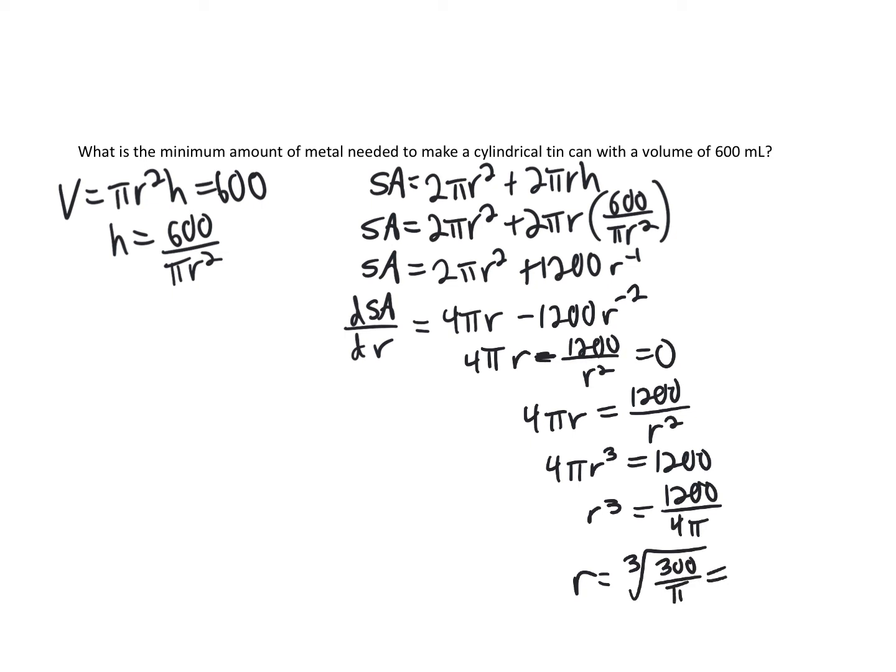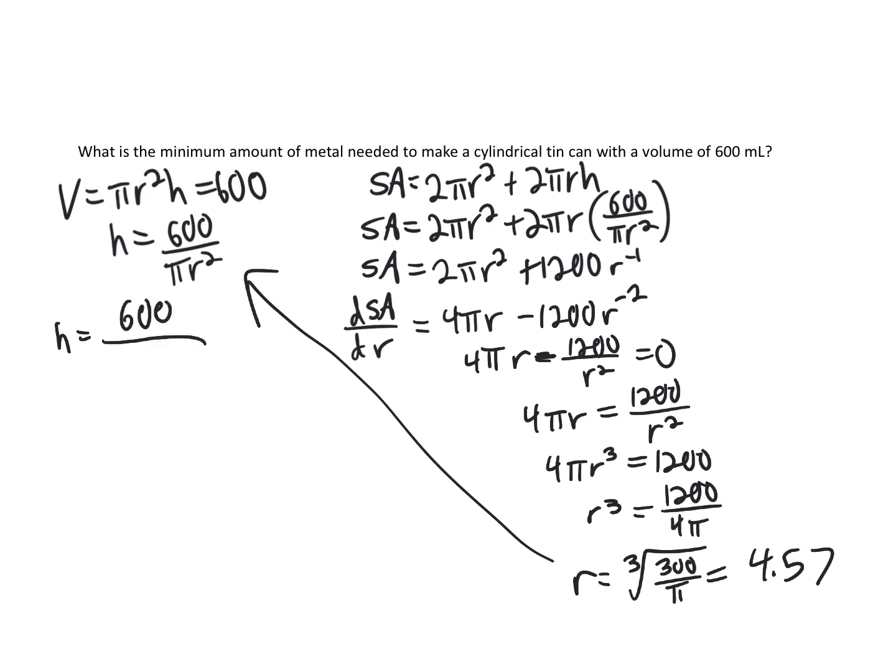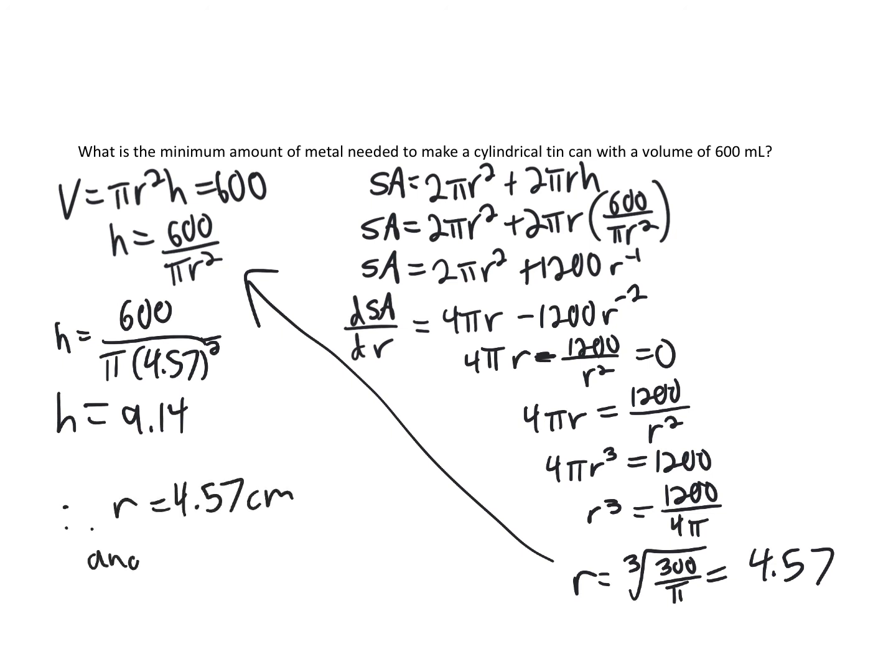And we get about 4.57. And then we can plug that back in to get our h, which is about 9.14. So therefore we need a radius of 4.57 centimeters and a height of 9.14 centimeters.